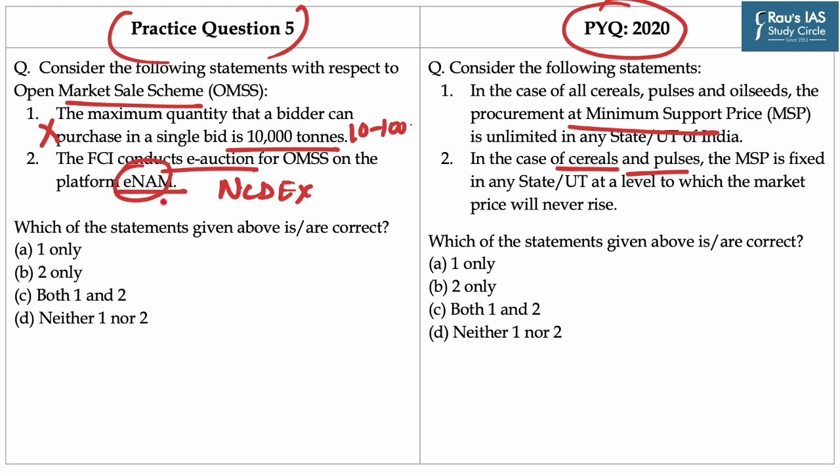Hence, it is not conducted on eNAM. Thus, statement 2 is also incorrect. Now, how many of the above statements is or are correct? From the above discussion, we can say that option D is the right answer. Whereas the PYQ is concerned, here also option D was the right answer.